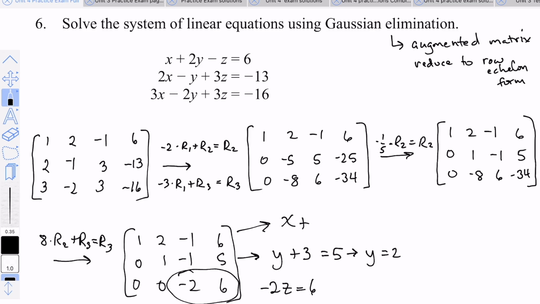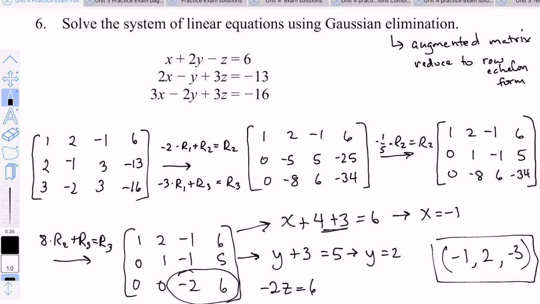Well, if y is 2, 2 times 2 is 4, minus z, well, if z is -3, minus -3 is +3, and that equals 6. So 4 plus 3 is 7. If you subtract 7 from 6, you get x equals -1. So the solution is -1, comma 2, comma -3.